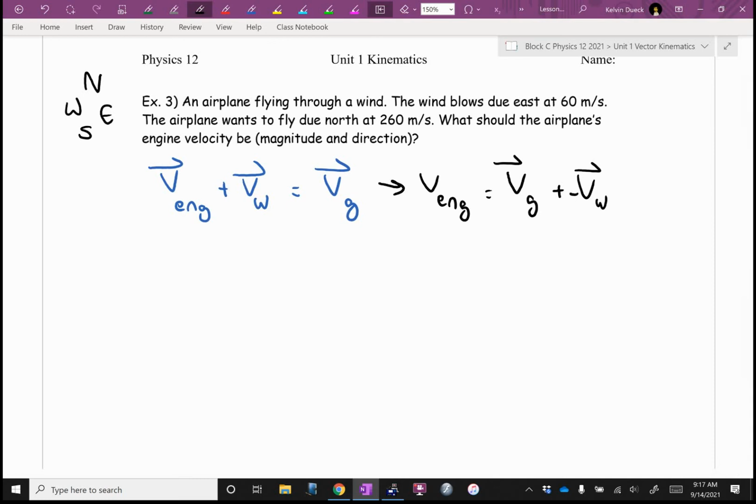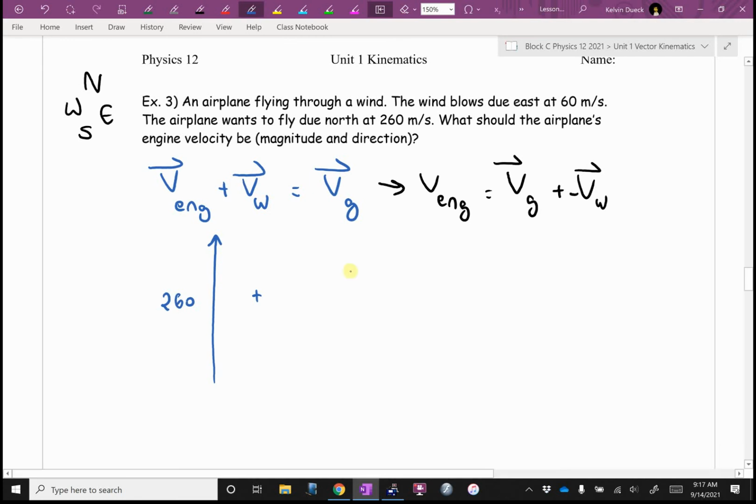What do we want the ground velocity to be? Direction? What's the wind velocity originally, magnitude and direction, Logan? So what would negative wind velocity be? 60 meters?